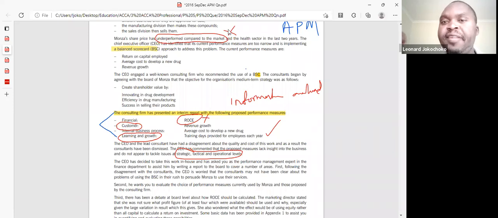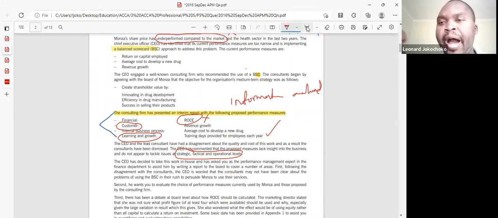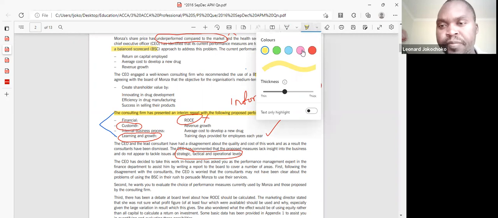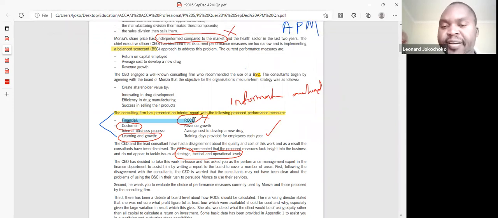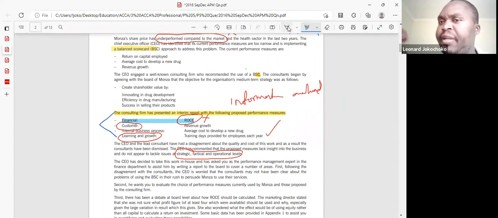In other words, the CEO is saying, I want to see a discussion of tactical financial issues. I want to see a discussion of strategic financial issues. I want to see a discussion of operational financial issues. You would see that by what I've just described, the CEO wants to see 3 performance measures related to financial issues.